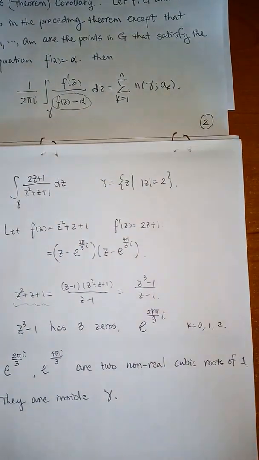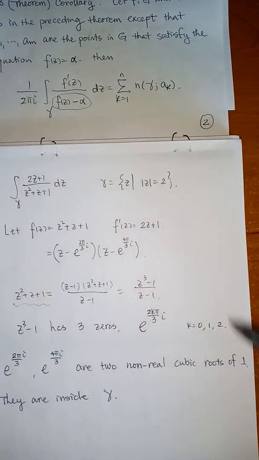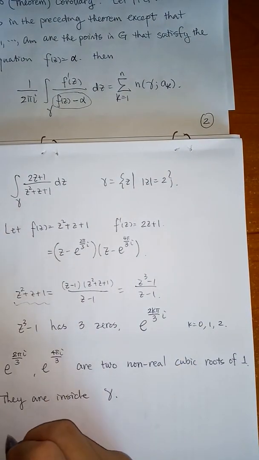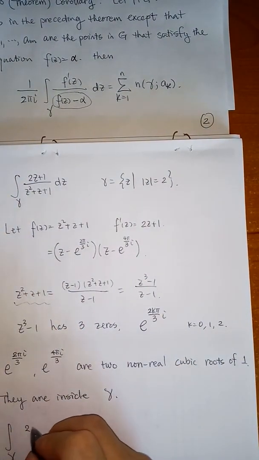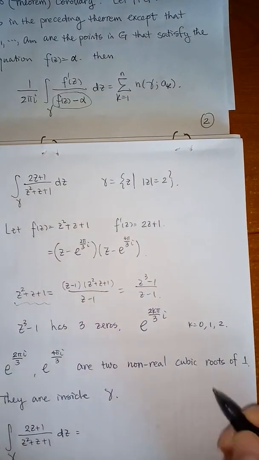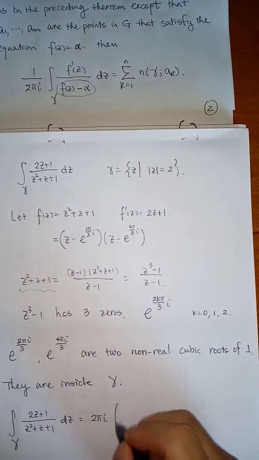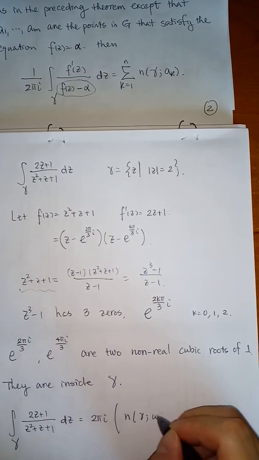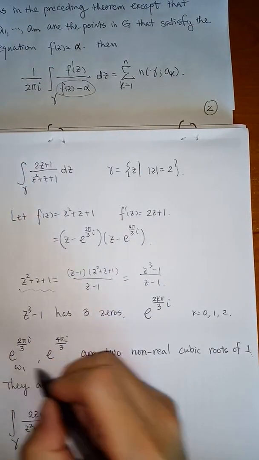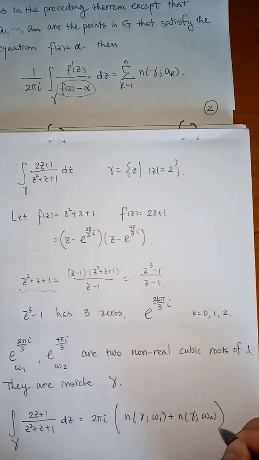They are inside the closed rectifiable curve gamma. Because this is a simple curve, winding number 1, let's assume it is counterclockwise. Then the integral, there's no 1 over 2 pi I, so it's 2 pi I times the winding number of gamma with respect to, let's call them, W1 plus the winding number with respect to W2.